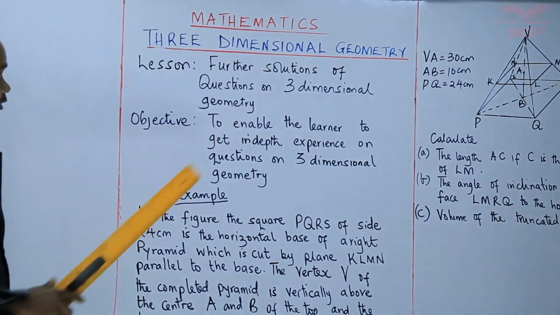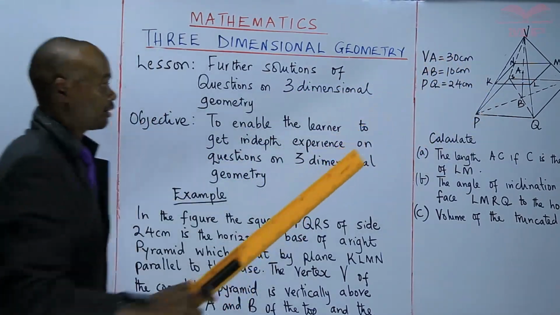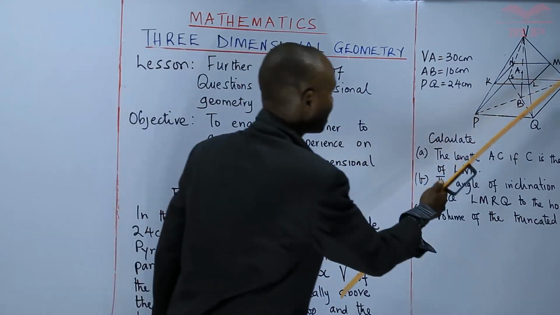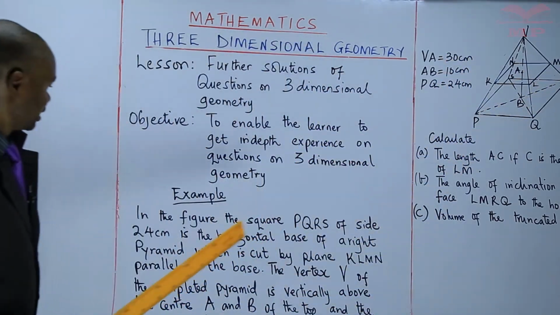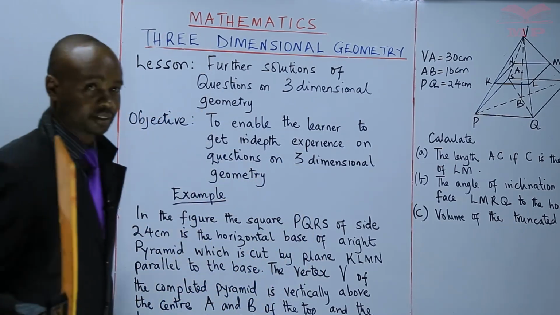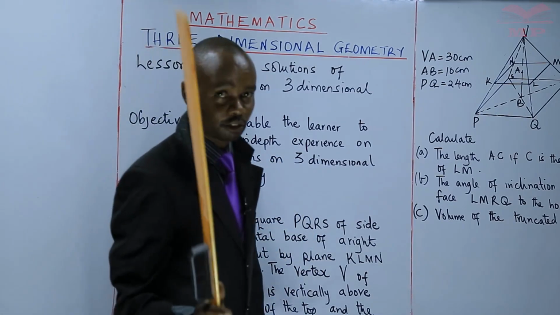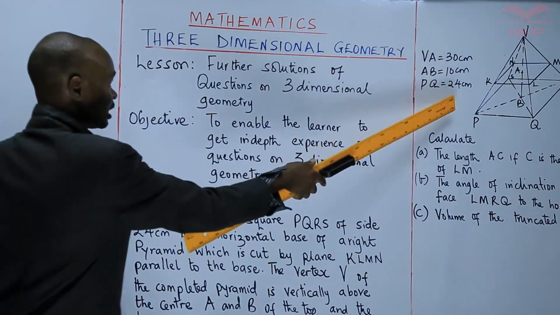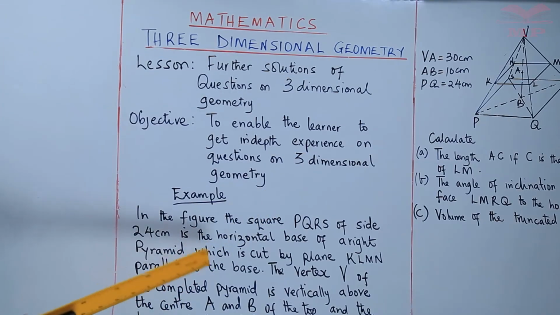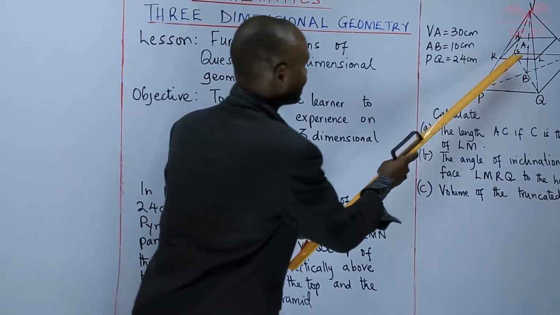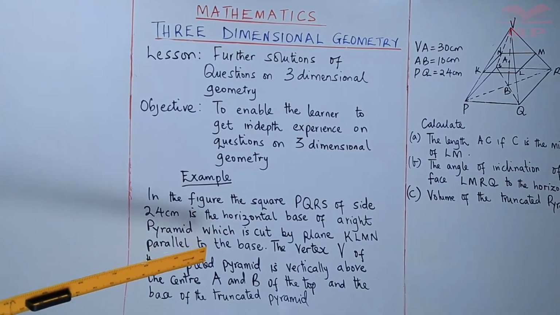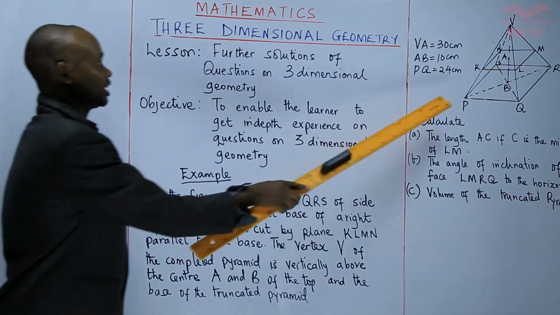So as you read, we relate to our diagram. In the figure, the square PQRS is the horizontal base of a right pyramid, which is cut by a plane KLMN parallel to the base.